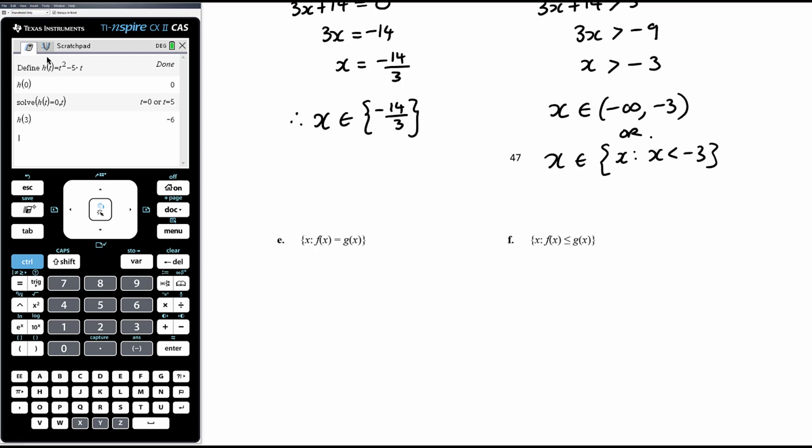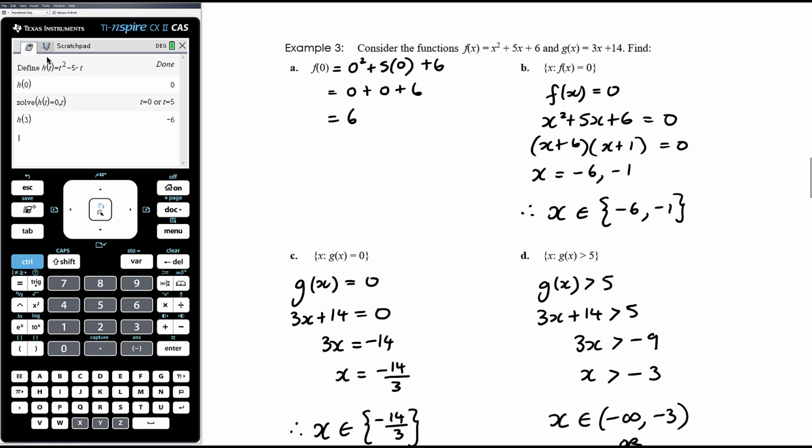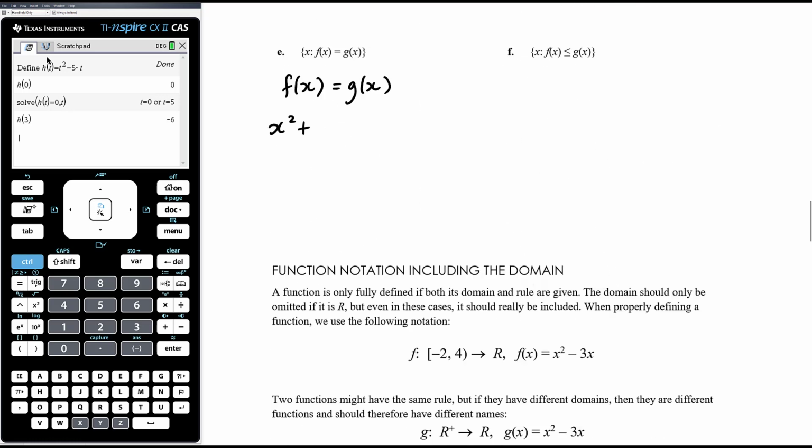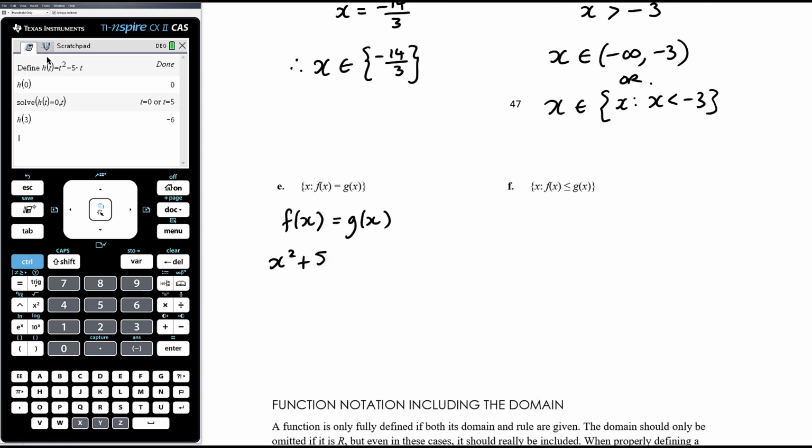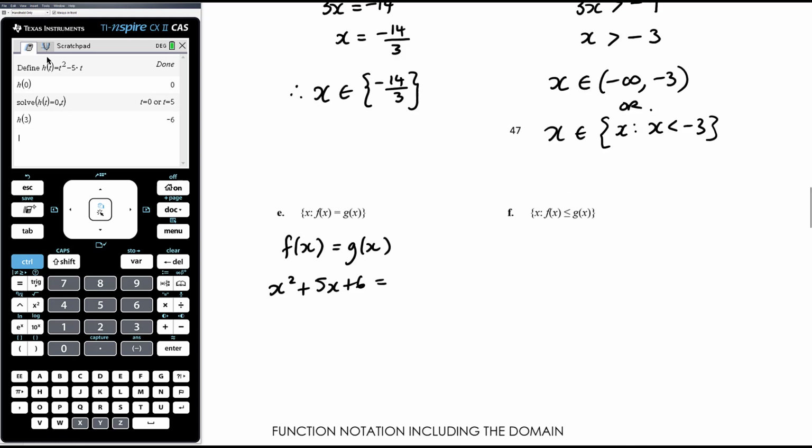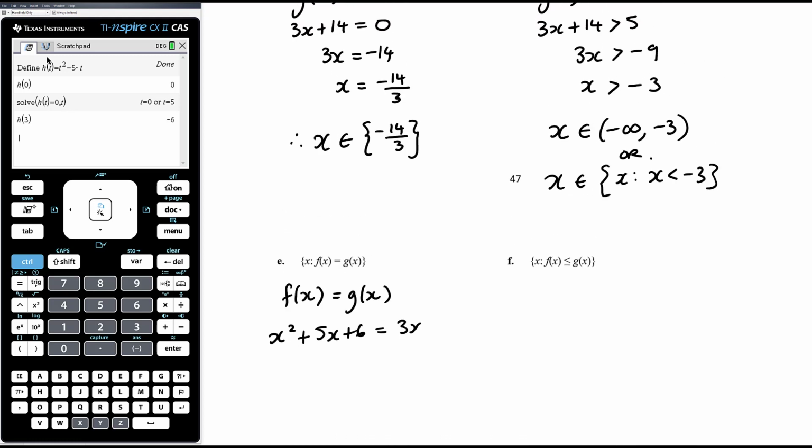E, the set of x values such that f of x is equal to g of x. Okay, so if f of x equals g of x, f of x is x squared, is it plus 5x plus 6? Yep. X squared plus 5x plus 6, and g of x is 3x plus 14.